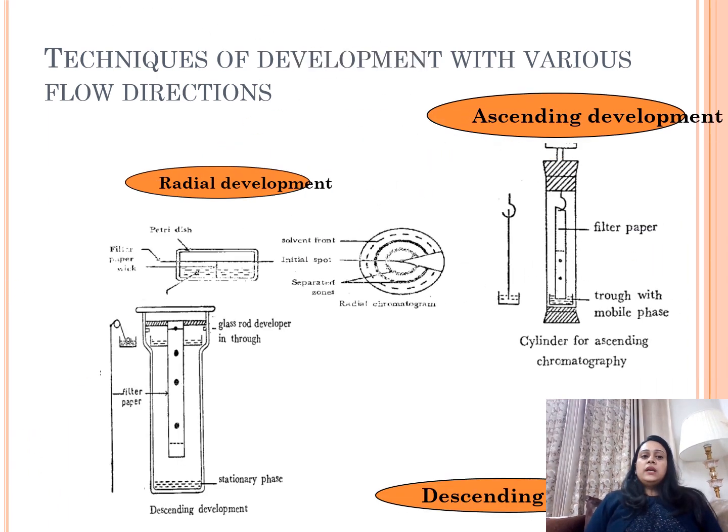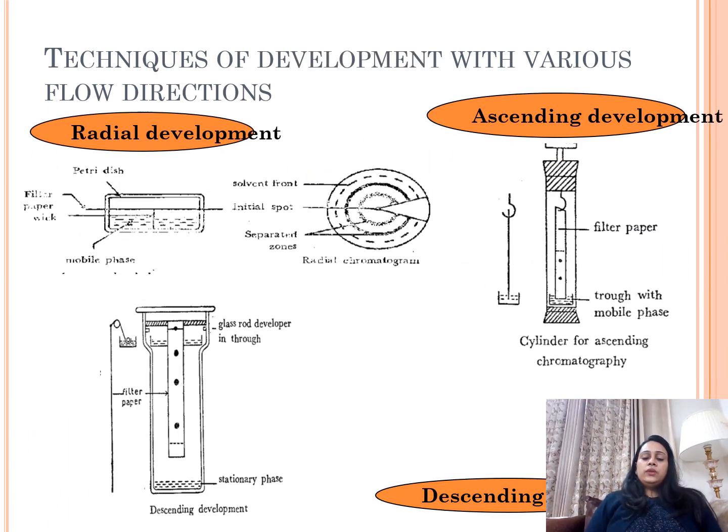Now there are three types of directions. It can be the radial direction, where you do the loading here and the molecules move in these directions, so it is known as radial.